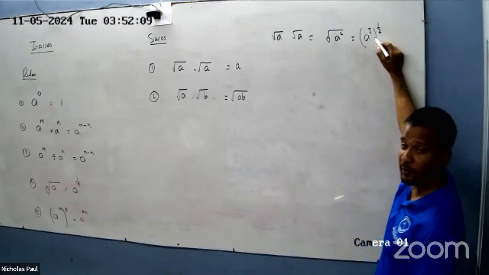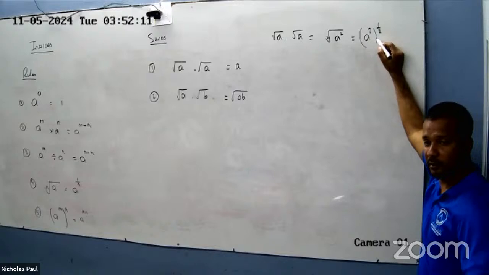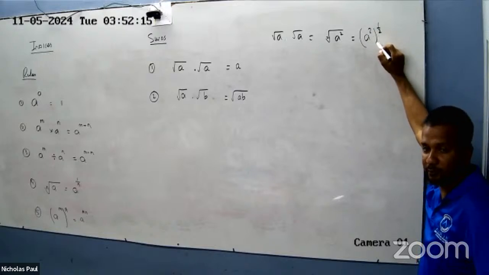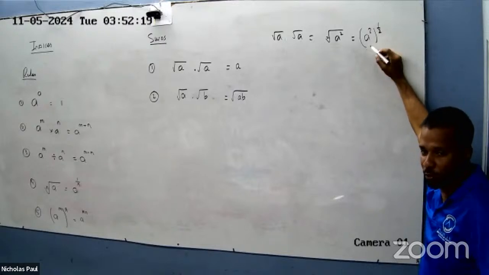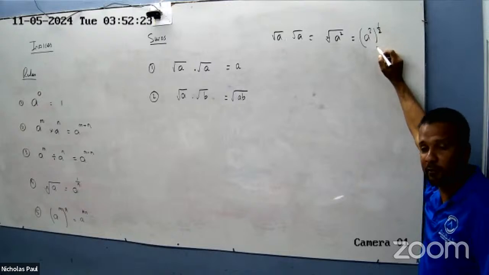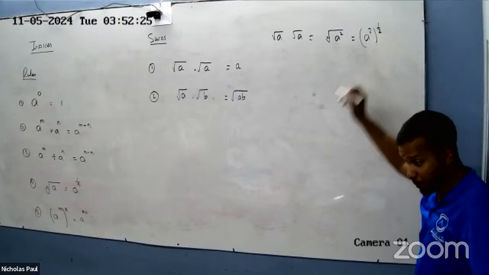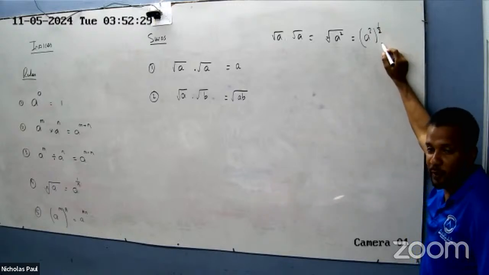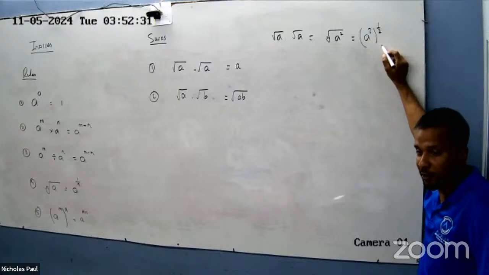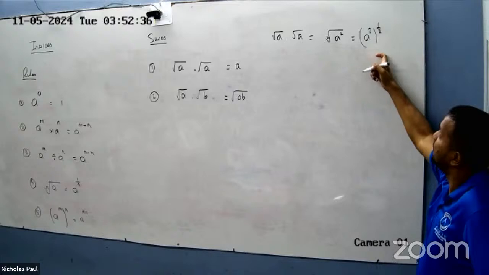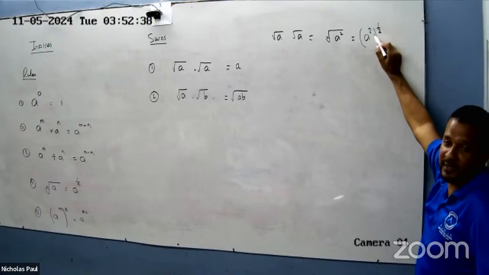So, Emmanuel, what do you do here? 2 by a half is what? No calculator. We just use the rule. Same question I just asked you. What do you do here when you have this by this?